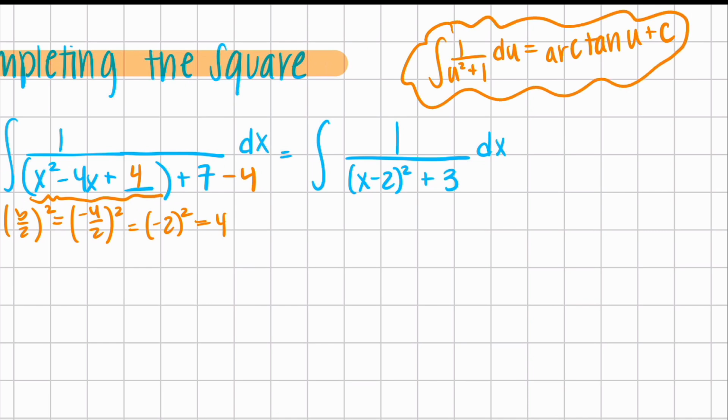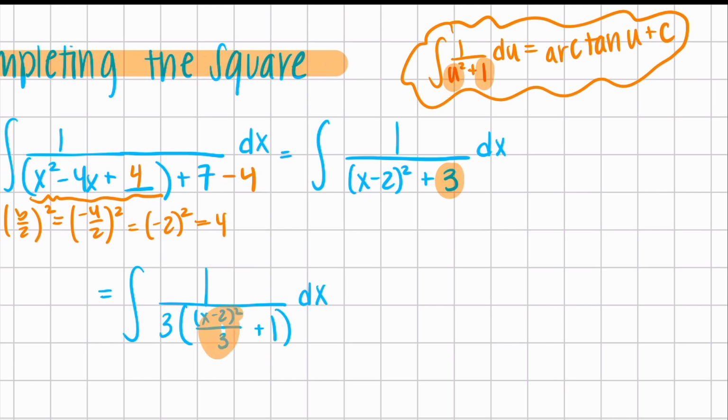So the first step for all of these is you are going to look at it: I have a 1 here in my identity, but I have a 3 in the problem. So we want to fix that first. So I'm going to factor out a 3 in the denominator. I'm going to have (x - 2)²/3 + 1. The second thing that we're going to tackle is that this is an expression squared in my identity.